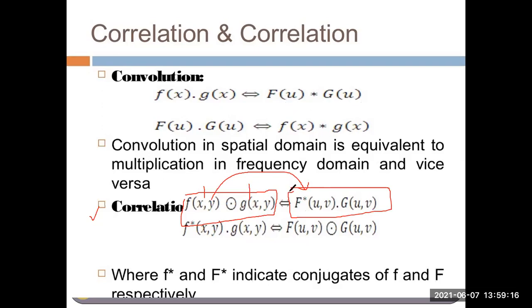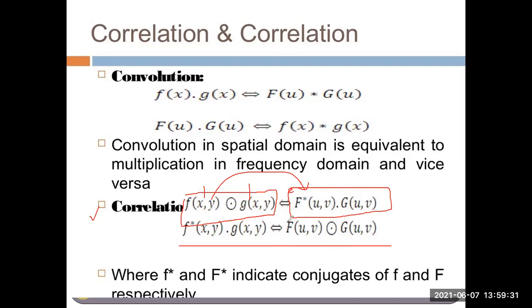In convolution you simply multiply F(u,v) and G(u,v). But while finding the correlation between the two functions, you first find the complex conjugate of one, then multiply that with the second function. Similarly, the reverse is also true.